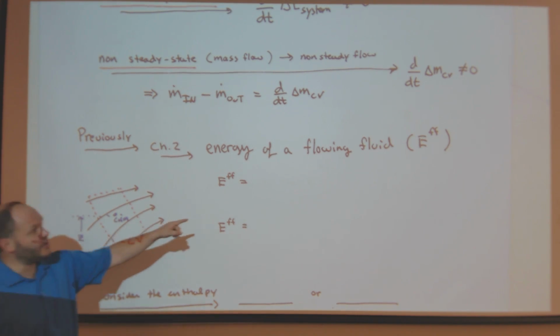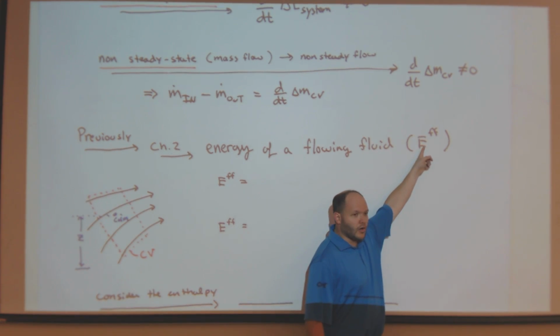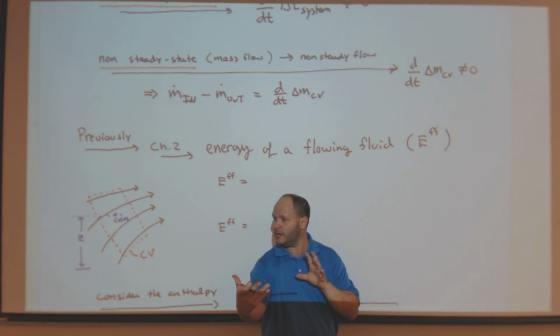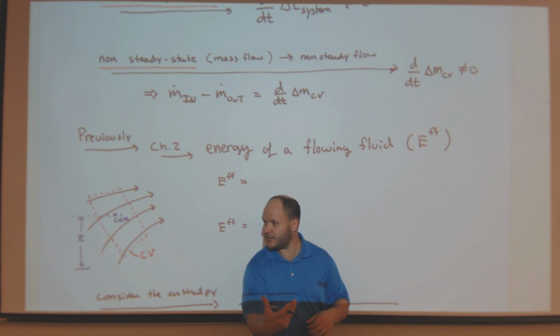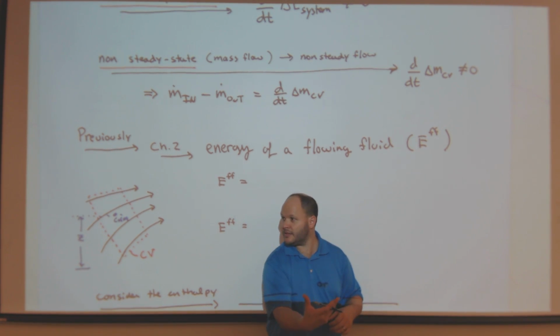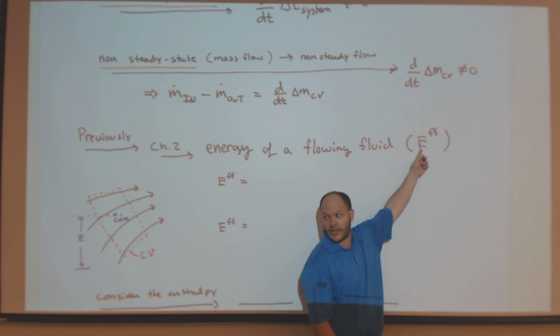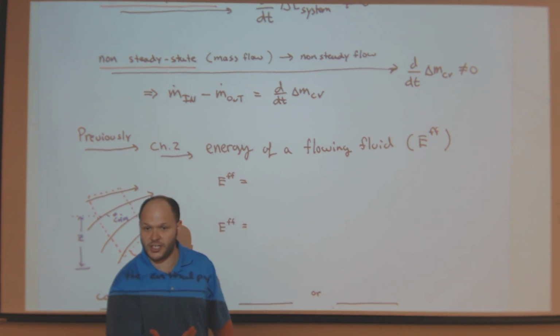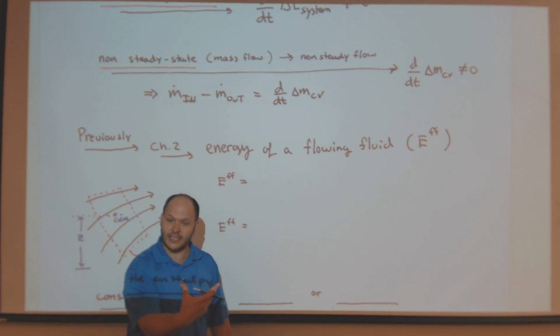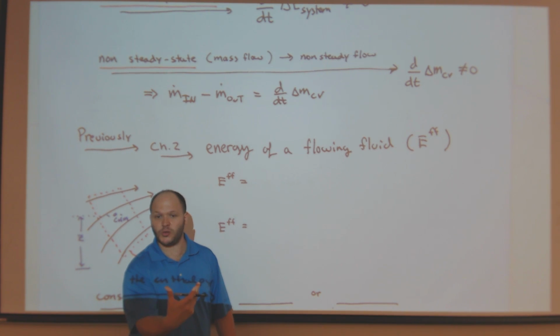And then this part here, I wrote it out, and if we just looked at the mechanical part, we had 1/2 mv squared plus mgz plus pv. But then if we wanted to look at total, we had 1/2 mv squared plus mgz plus pv plus m times small u.